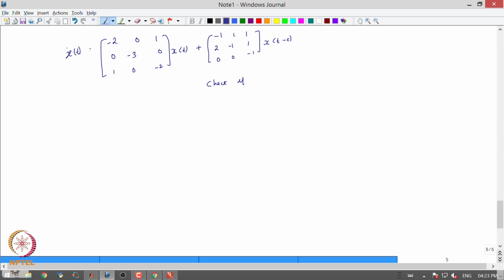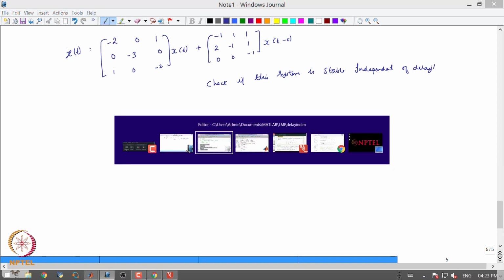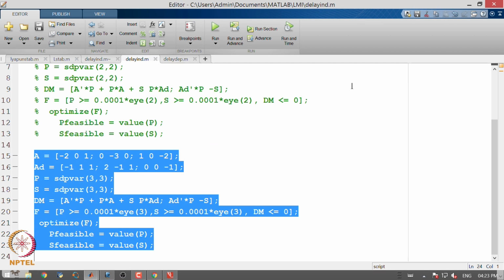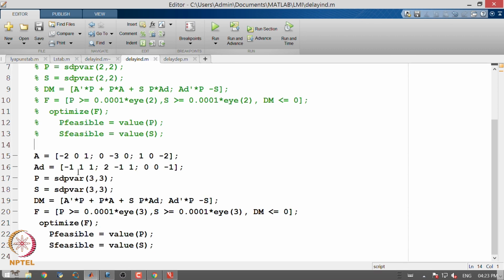and check if this system is stable independent of delay. Okay, so let us see. I just plug in the A and AD. My unknown matrices are now of dimension 3 cross 3, and I just run this code.